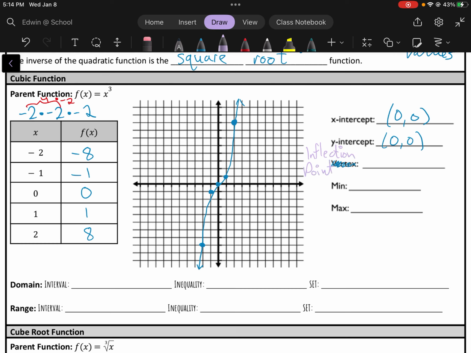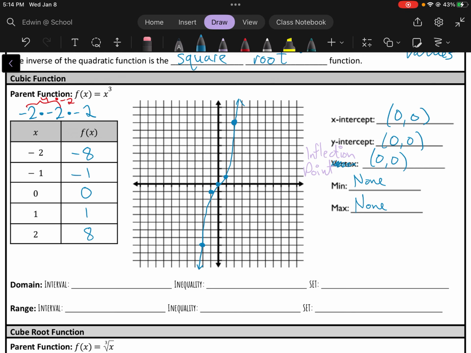So I like the word inflection point a lot more, which I'll say 0, 0. We see that it changes form in the middle, 0, 0. And then finally we have a minimum and a maximum. Well, it goes down forever, so there's no minimum and there's no maximum.